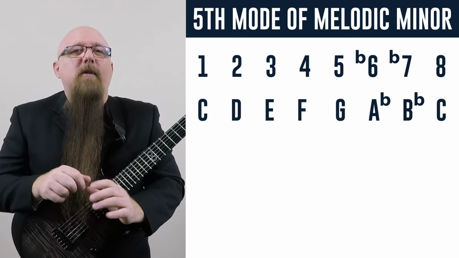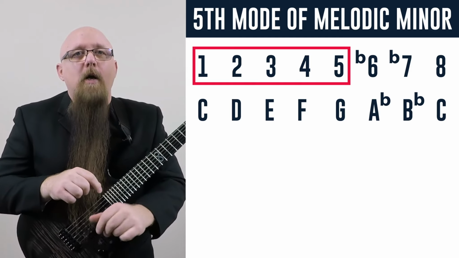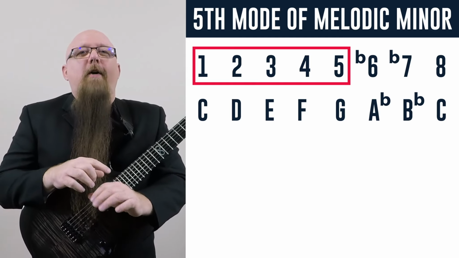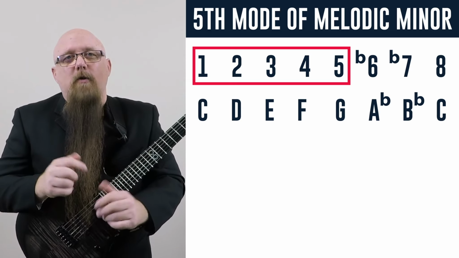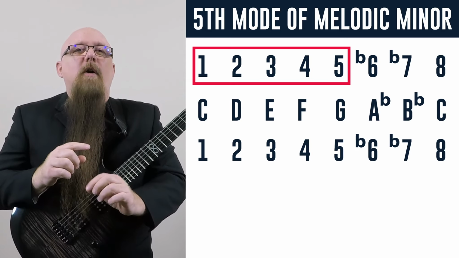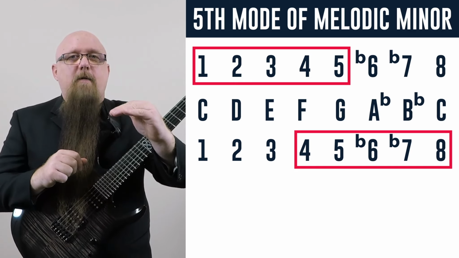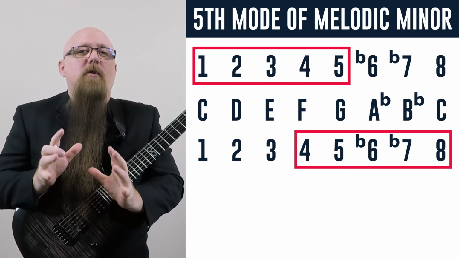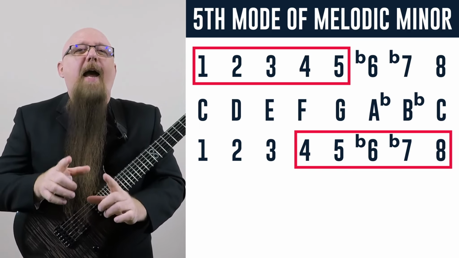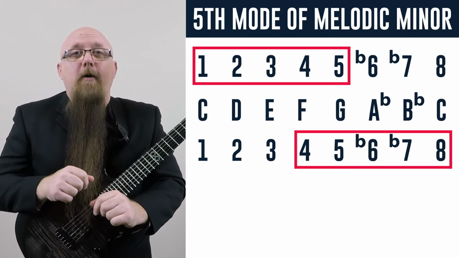Now, if you notice, the first 5 notes of the scale, 1, 2, 3, 4, 5, or C, D, E, F, G, are exactly the same as a major scale, a C major in this case. But then if you look at the top 5 notes, 8, flat 7, flat 6, 5, and 4, you'll see that those top 5 notes are exactly the same as minor, C natural minor in this case.